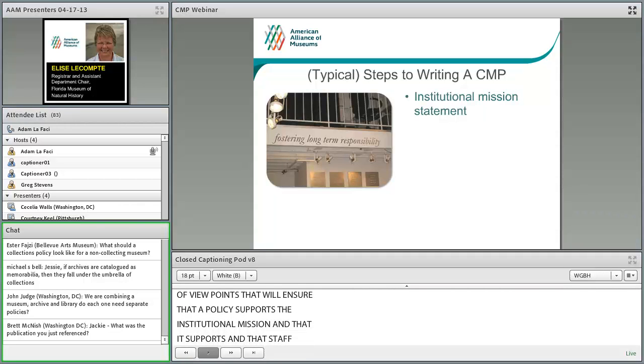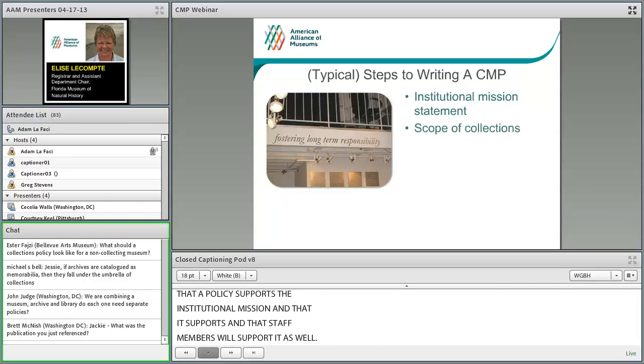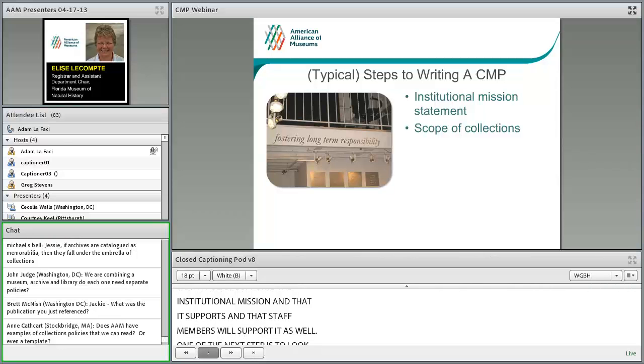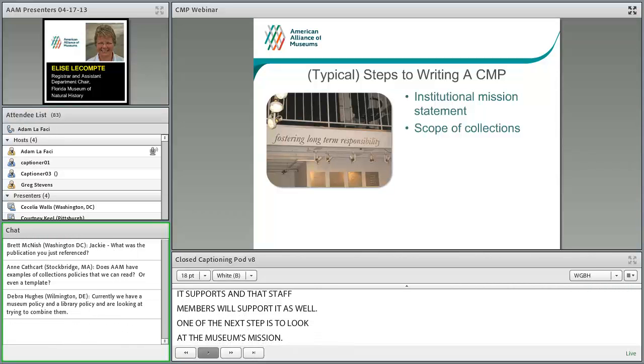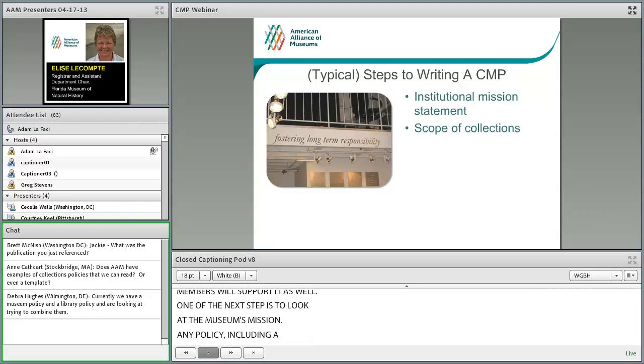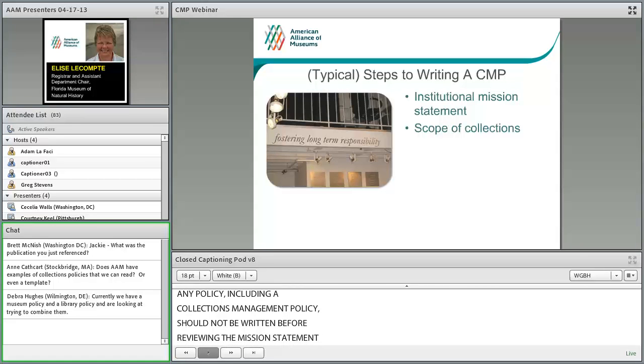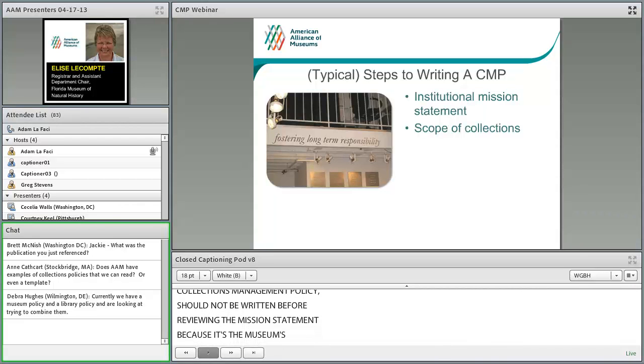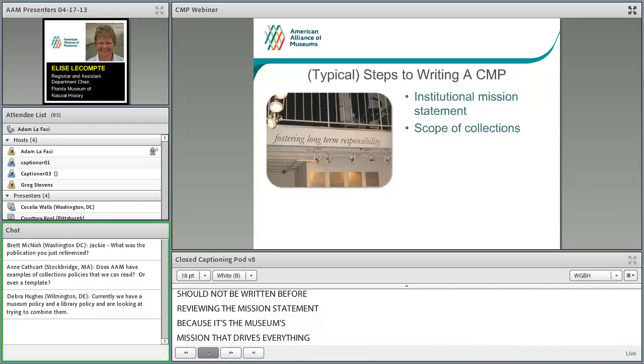One of the next steps is to look at the museum's mission. Any policy, including a collections management policy, should not be written before reviewing the mission statement because it's the museum's mission that drives everything else that it does. Then you should do a review of policies and laws, both internal and external.